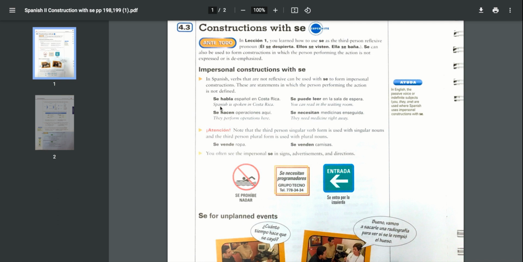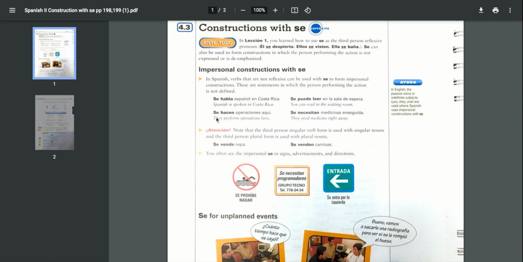Okay, so that would be translated as Spanish is spoken in Costa Rica. You're not saying people in Costa Rica speak Spanish. That would be when you say who's performing the action. You could say it like that, but it's more common for these constructions to be used for general information, signs, and things of that kind. So we use the impersonal se construction.